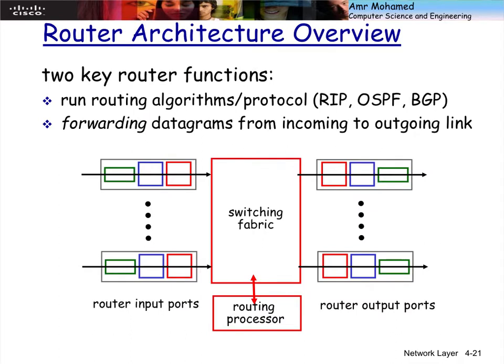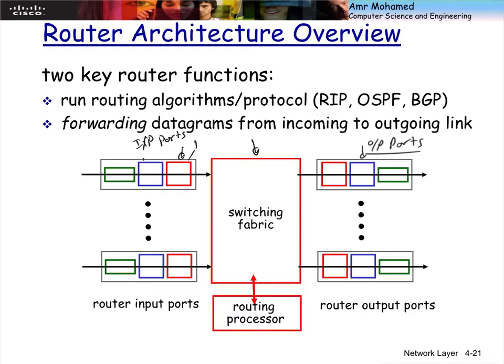So this is the overall architecture of the router. You have these input ports, and these are output ports. And here we talk about the switch fabric. By the switch fabric, we mean that from the input port, the packet gets stored. We'll talk about the details of this. And then you need to process the packet.